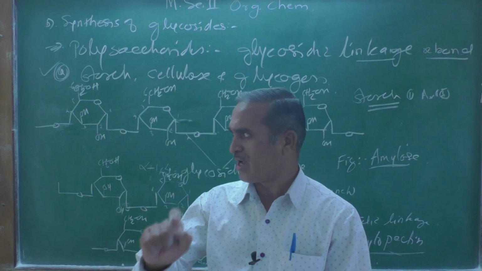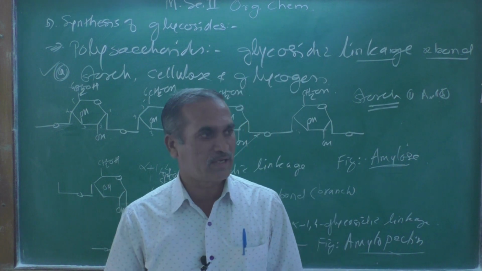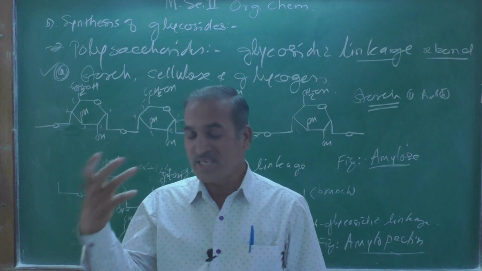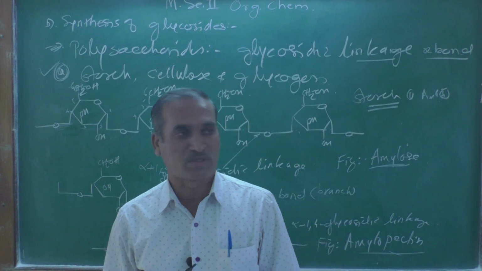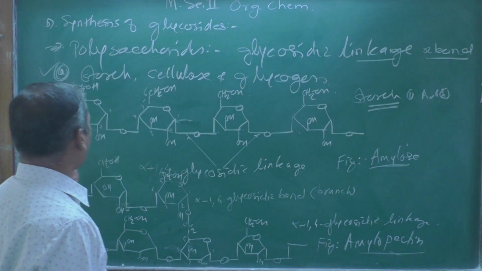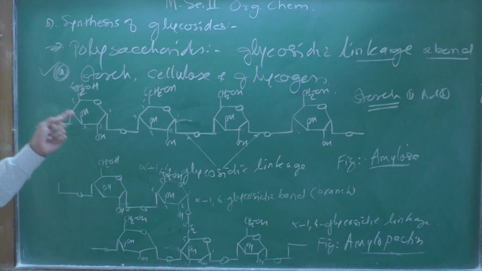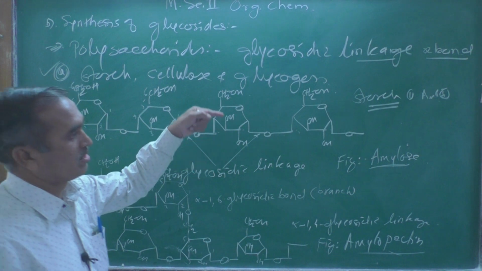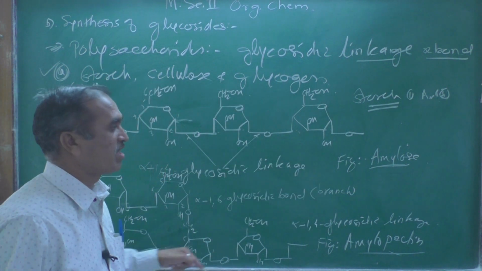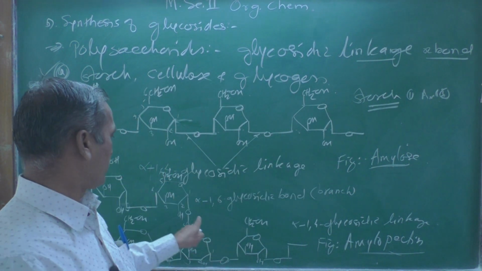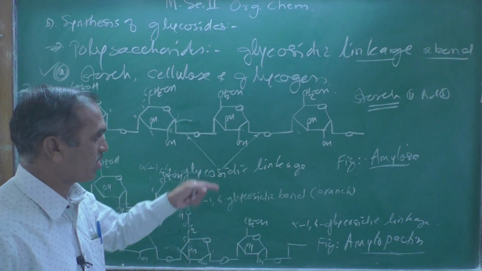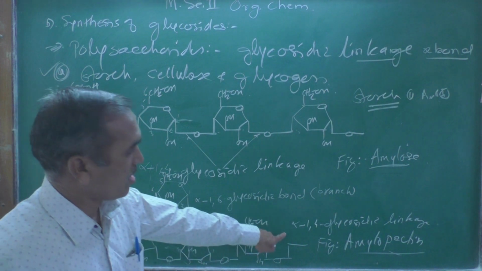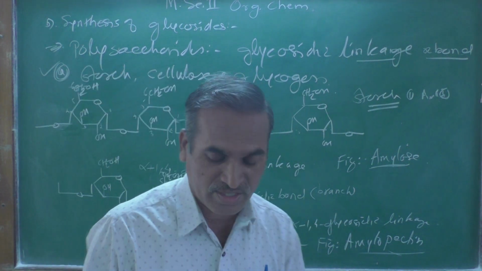At the beginning I already told you that starch is a polysaccharide. Starch is a polymer of alpha D glucose. Look here. In amylose, only alpha linkage is found. In a branch there is an alpha 1,6 glycosidic linkage, and here alpha 1,4 glycosidic linkage.